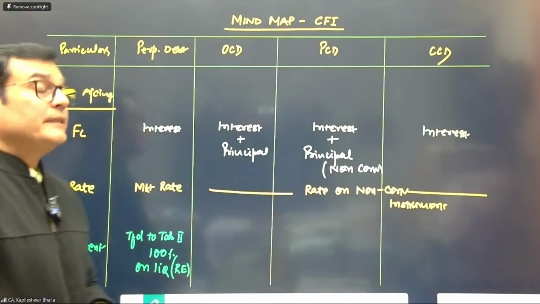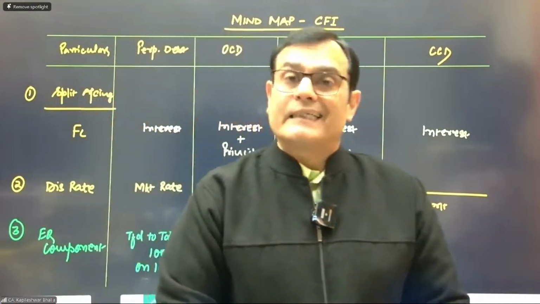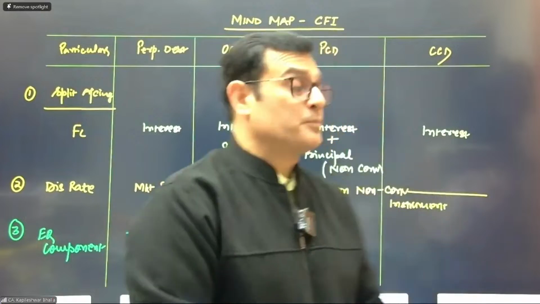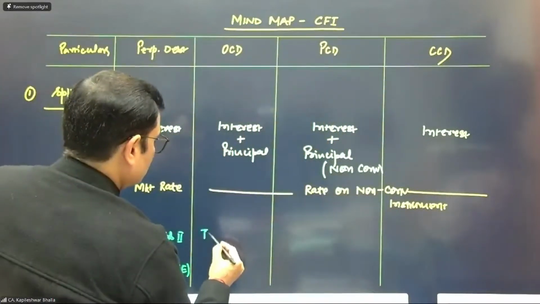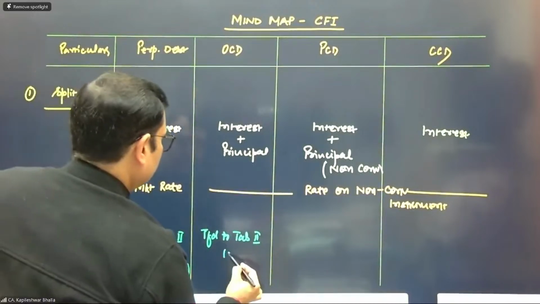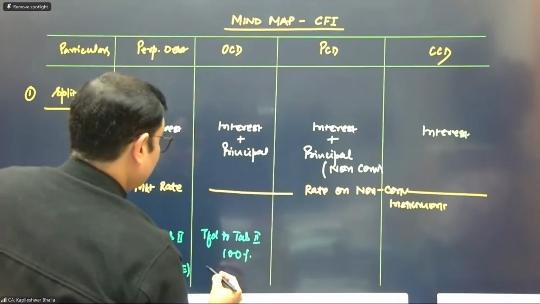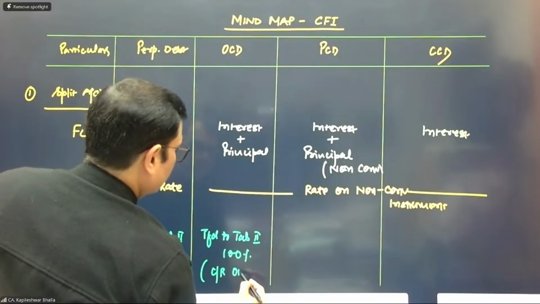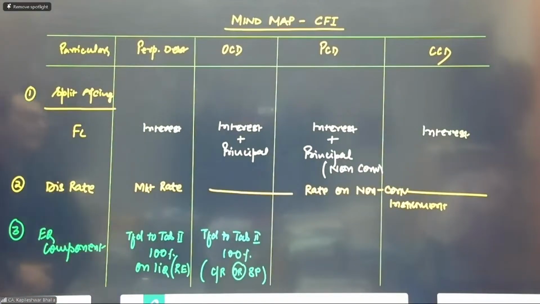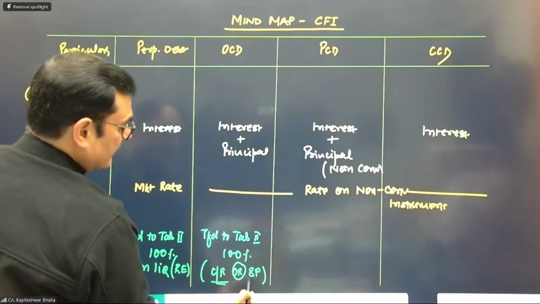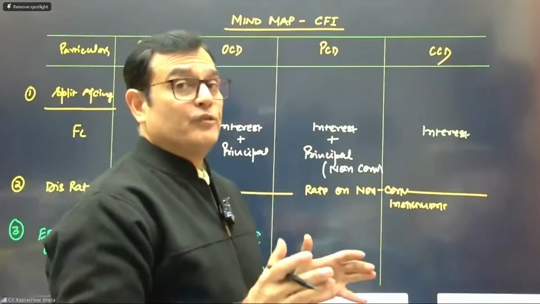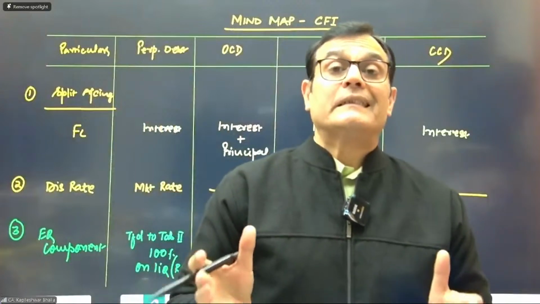In terms of optionally convertible debenture, can I say this money is going to be put in capital reserve or share premium as the case may be? This is going to be transferred again to tab number 2, again 100%, either to capital reserve or to share premium, depending on whether shares are given or cash is given. If cash is given, it's capital reserve. If shares are given, it is share premium.